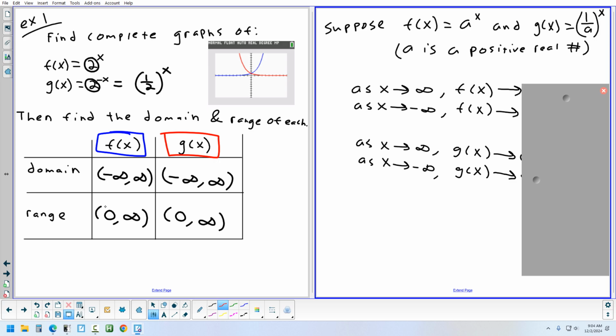So now let a be any positive real number you want. 2, 3, 4, 7, 12, it doesn't matter. F of x is going to look something like the blue one. Again, the one on the left is specifically 2 to the x, but 3 to the x is going to look pretty much the same. It's just going to curve up a little sharper, but it's still going to have the same look.